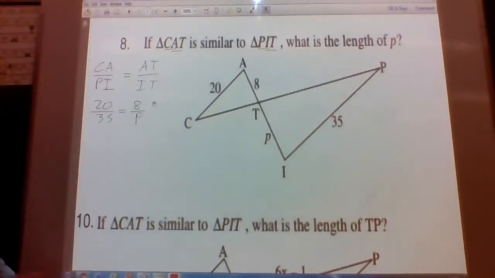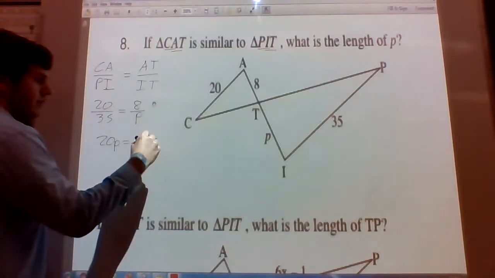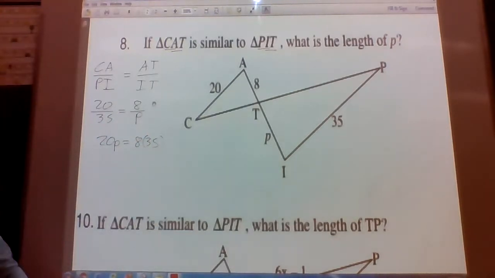Cross multiply. 20 times P equals 8 times 35. That's what, 70 times 4? 140 times 2, which is 280.